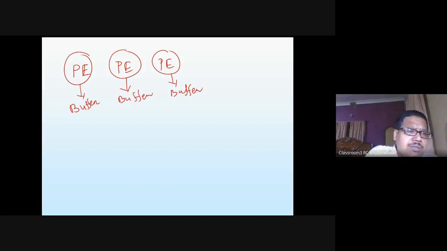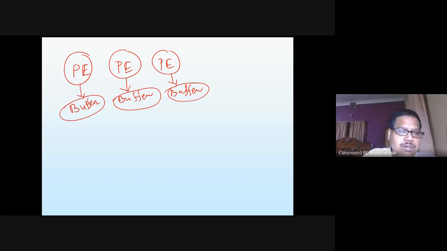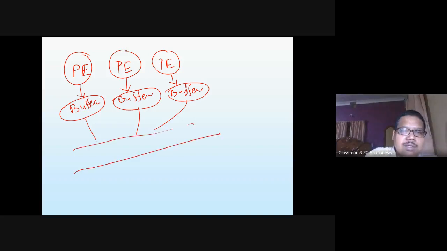This may be used for storing the exe file, and this may be used to store a few amount of data for the execution. Then they all are connected to a common IO bus. This is your common data bus, or we can say IO bus.